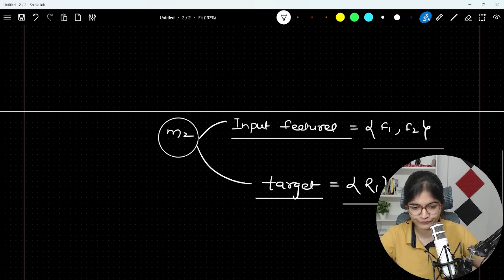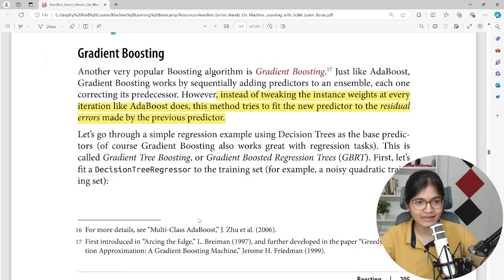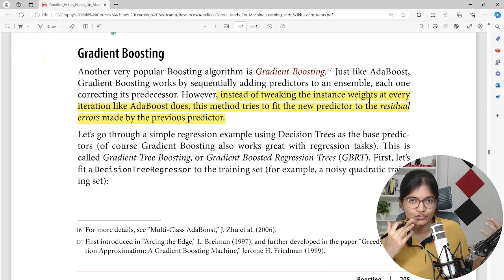If you refer to any of the books, for example, here I am referring to O'Reilly's Hands-On Machine Learning book, you can see this. Instead of tweaking the instance weights, so if you remember in our previous discussion of AdaBoost, we were tweaking the weight values and saying that wherever there is a misclassification, let's update those values a bit higher compared to the correctly classified ones.